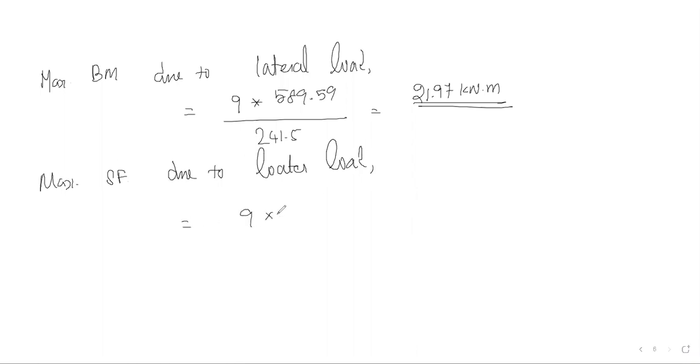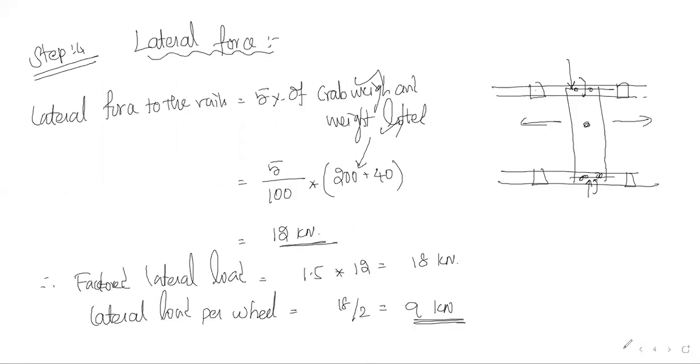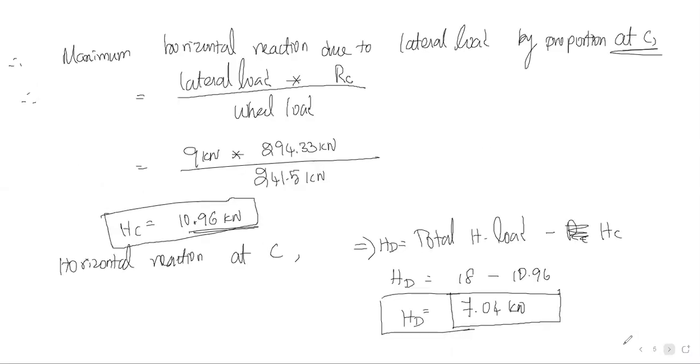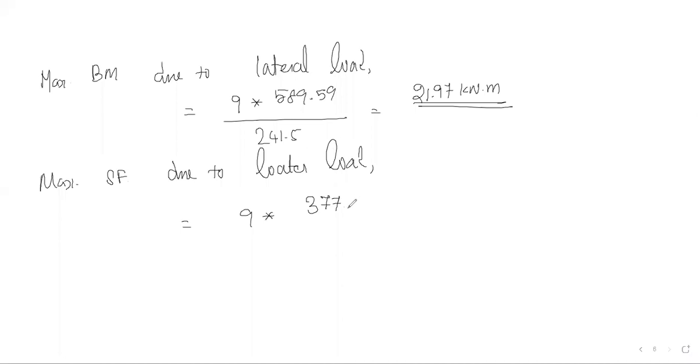Similarly, maximum shear force due to lateral load. So 9 into maximum shear force value, 377.34. Now you can understand why we didn't consider the maximum shear force here. We need only the reaction.